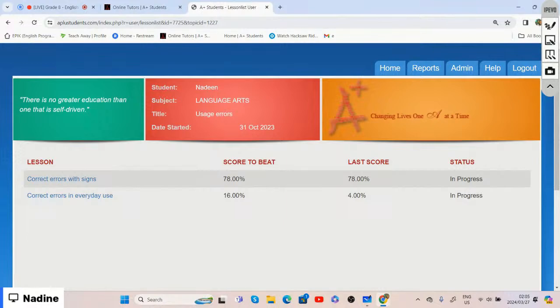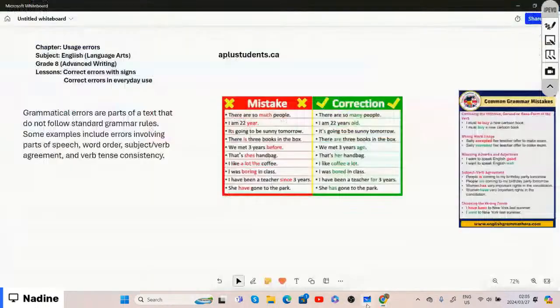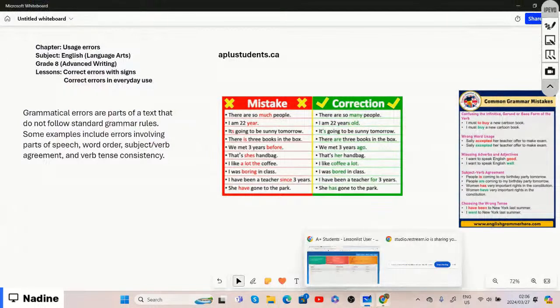Right? So our chapter is usage errors. The subject is English language arts, grade 8, advanced writing.